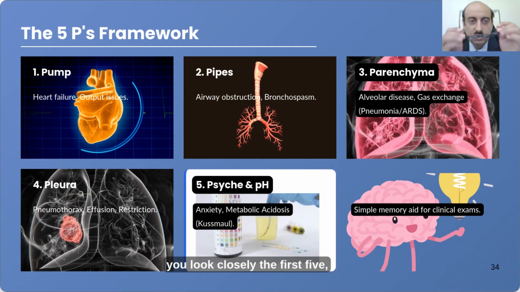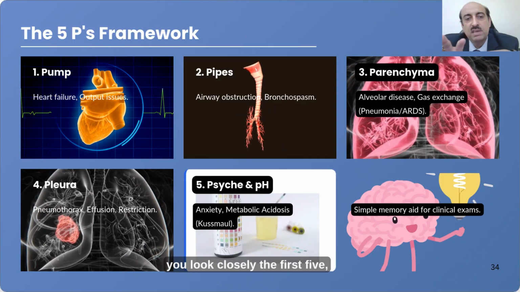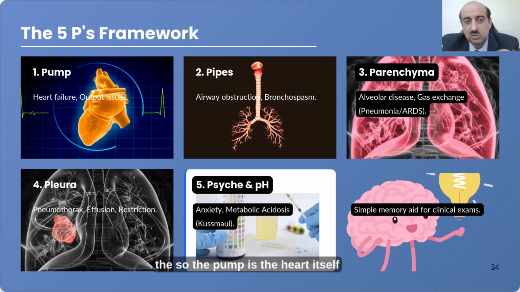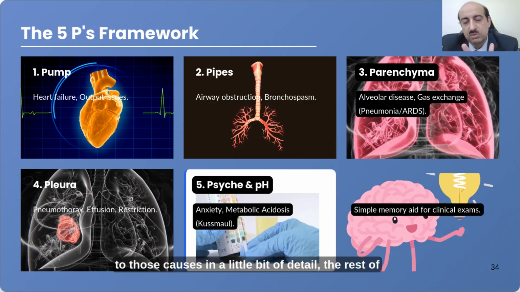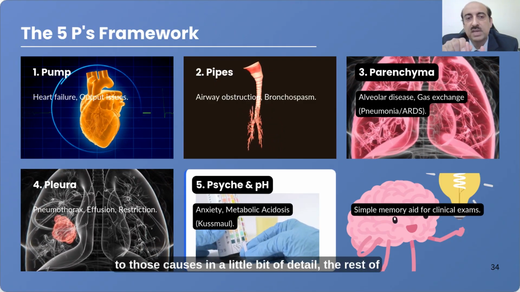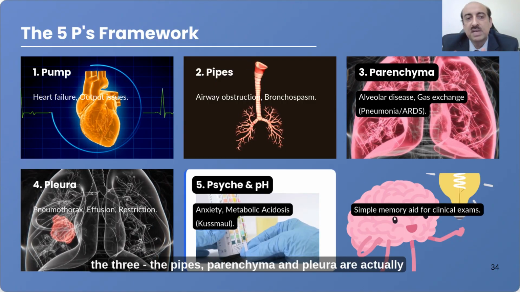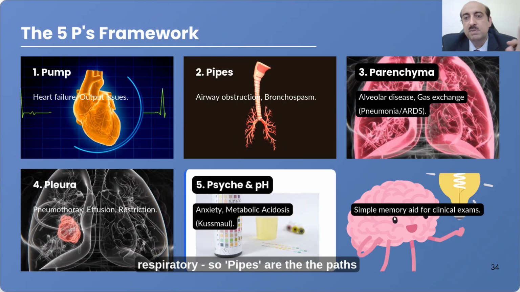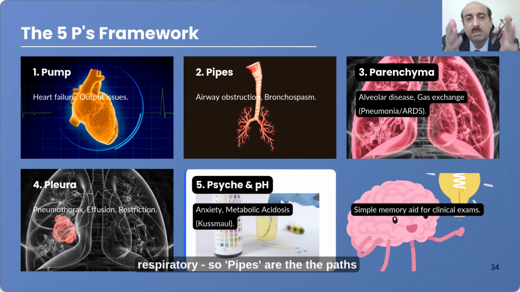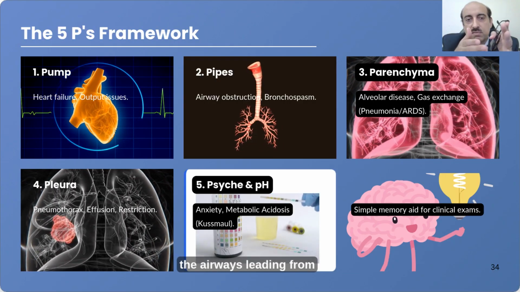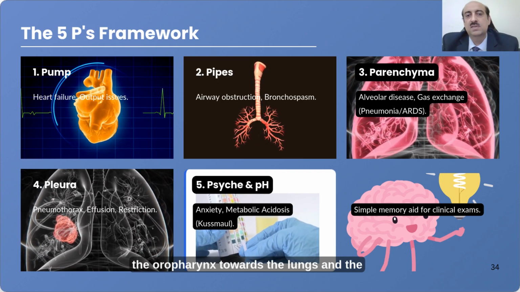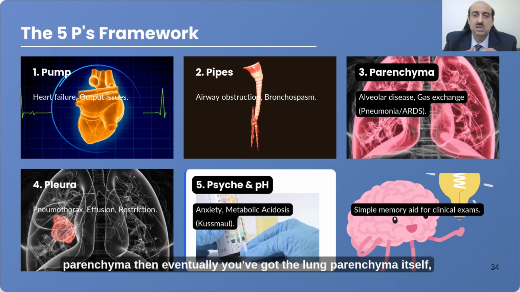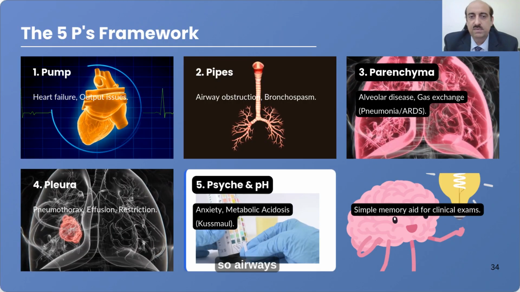Now, if you look closely, the pump is the heart itself. Anything related to cardiac issues, we'll come to those causes in a little bit of detail. The rest of the 3, the pipes, parenchyma, and pleura, are actually respiratory. So pipes are the paths, the airways leading from the oropharynx towards the lungs, and then eventually you've got the lung parenchyma itself.